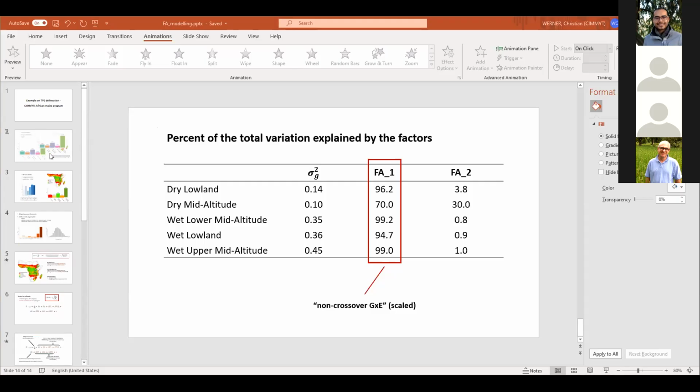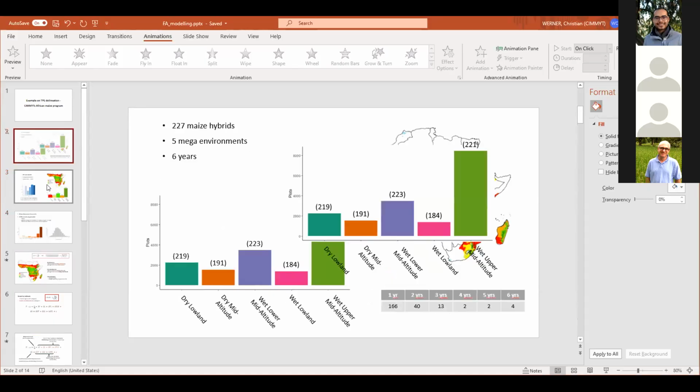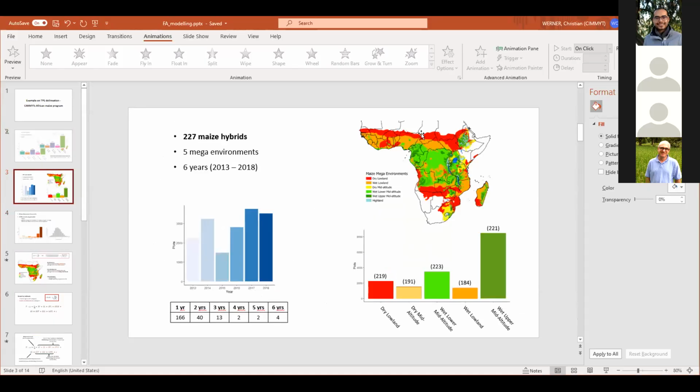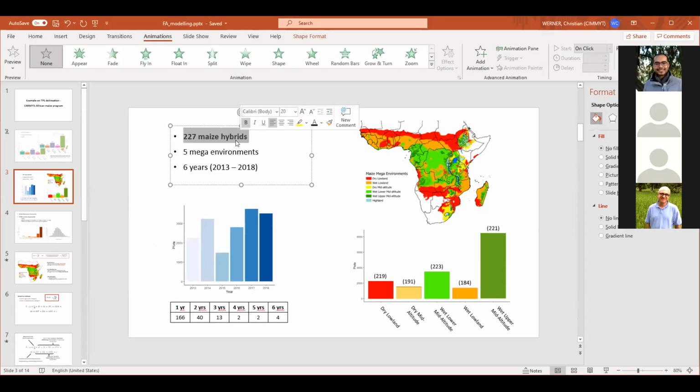Thanks for your question. I'm not sure if this is the answer that you're asking for. Otherwise, maybe Gary, you might know more, jump in, or maybe if Jill's around. So we had a set of 227 maize hybrids which were represented in the whole data set in all 5 mega environments.